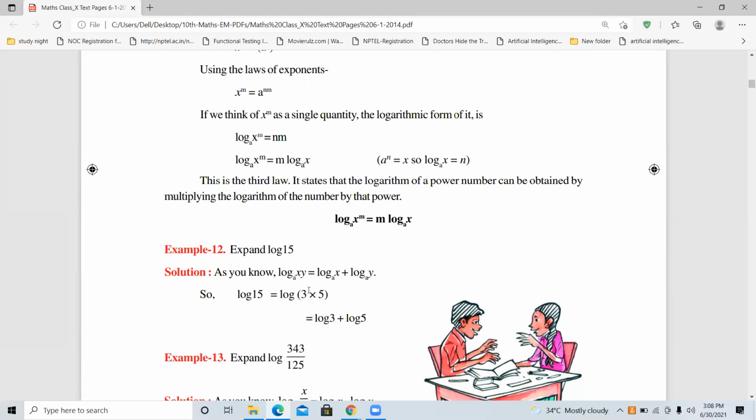We all know that the first law is log of xy base a equal to log of x base a plus log of y base a. Then the value will become log of 3 into 5, and hence we are applying the first law of logarithm, and the expansion will become log 3 plus log 5.